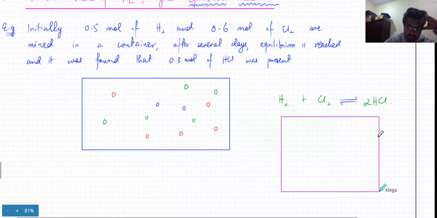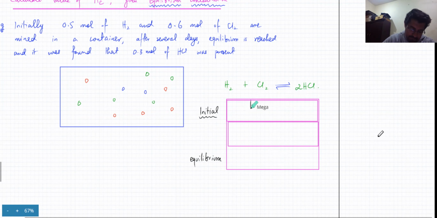And there are two more rows. The last one is the equilibrium situation: what's the situation of the moles once equilibrium has been reached? And since there are two reactants, I'm going to draw a column for each one of the reactants and products.